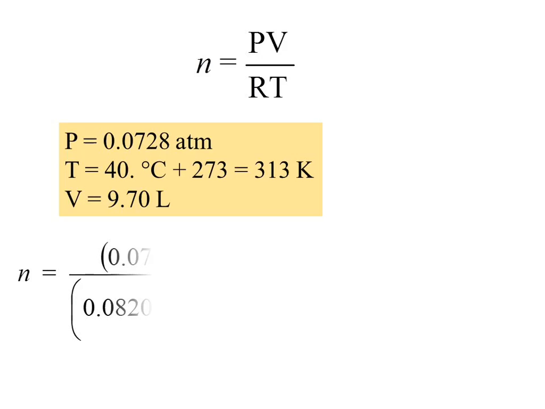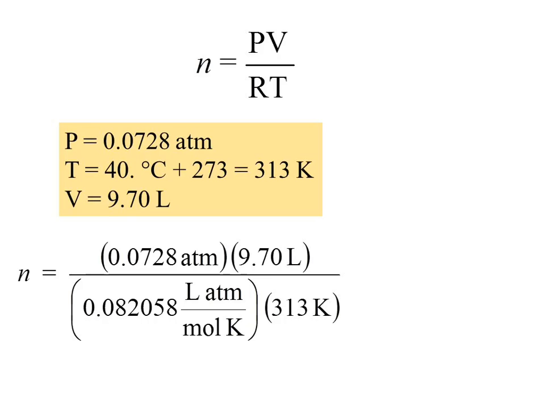So plugging in, it looks like this, where n is equal to 0.0728 atmospheres times 9.70 liters in the numerator, all divided by 0.082058 liters atmospheres per mole Kelvin. Also in the denominator is the temperature, 313 Kelvin.